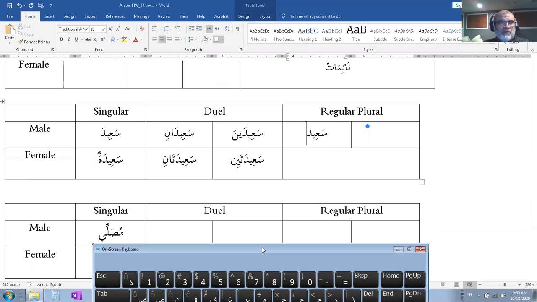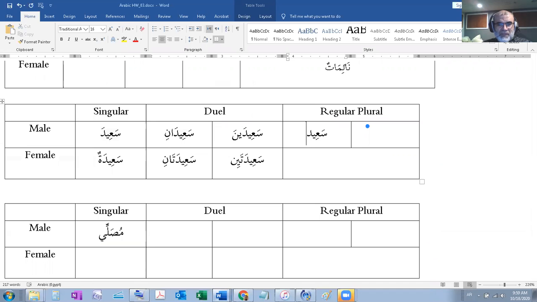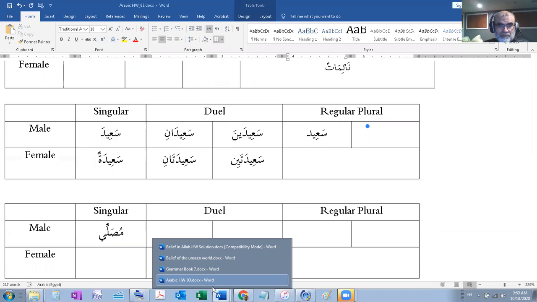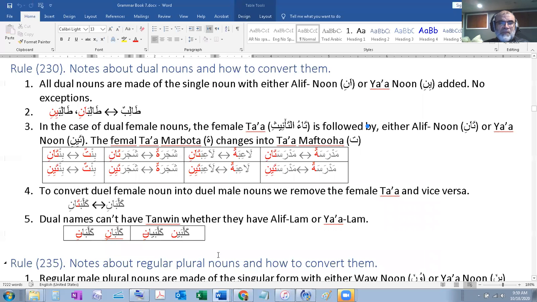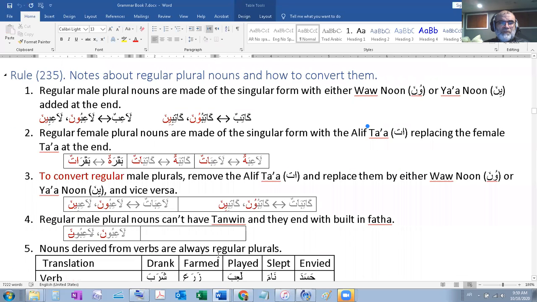If we bring back the rules here. Okay. To convert, I either add واو نون or ياء نون. So لاعبات, لاعبون, لاعبين. Okay. So I add واو نون or ياء نون.